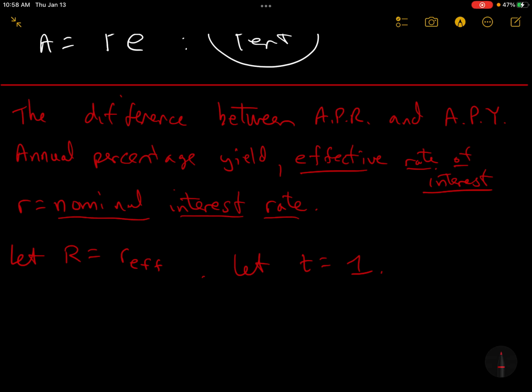After a year, your principal is going to be the principal times 1 plus this rate, right? Which we don't know. So we want to solve for R somehow. I want to figure out what this R is given the number of compounding periods in little r.